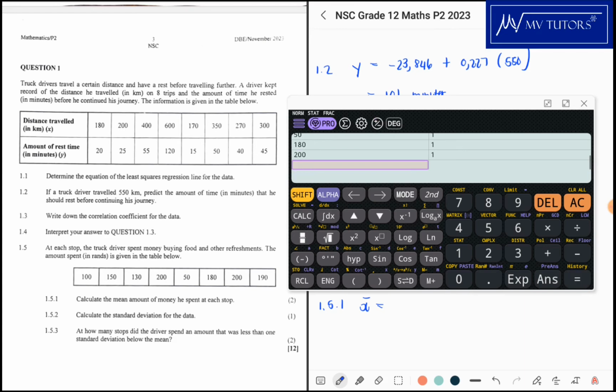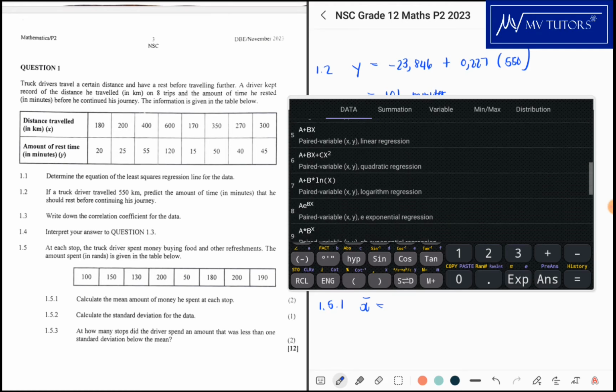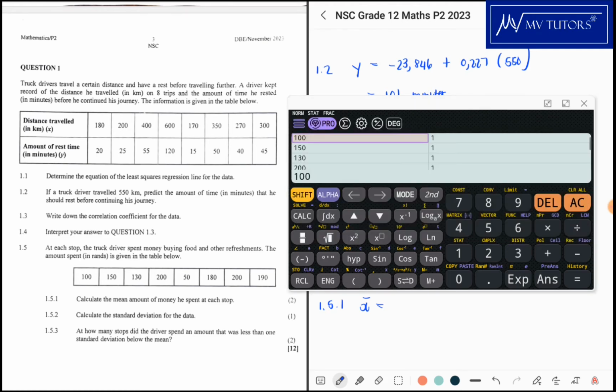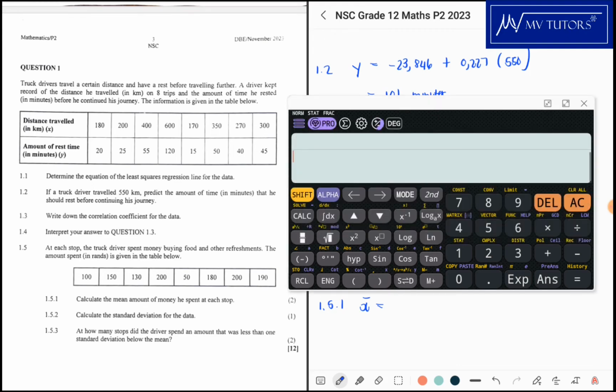Okay, so that's the information, and now we can go shift stat, and we are looking for, this calculator, ne? Okay, shift stat, single variable, calculate.